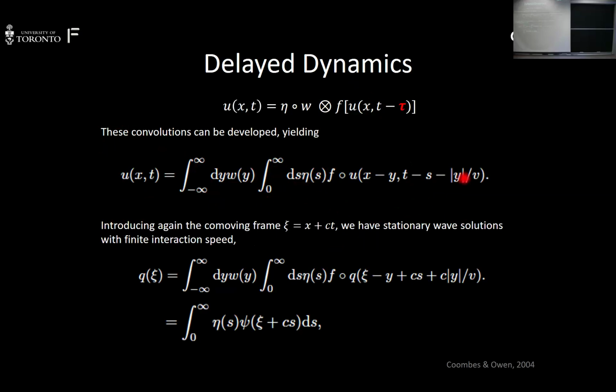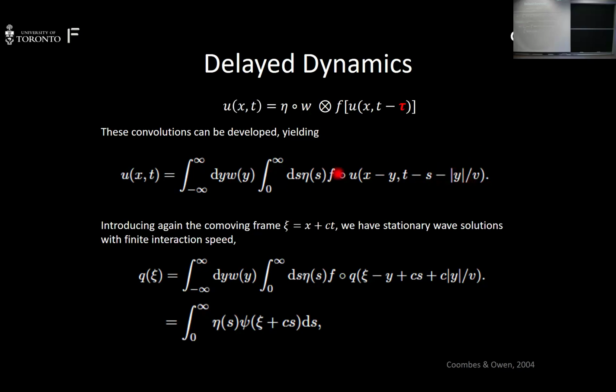just a small addition to the right-hand side here, where we're integrating over our kernel, our connectivity weighting kernel, but we're also moving backwards in time with our delay. Our delay is written out explicitly there: distance over velocity, so we had a c before.